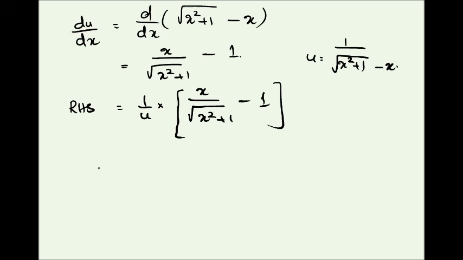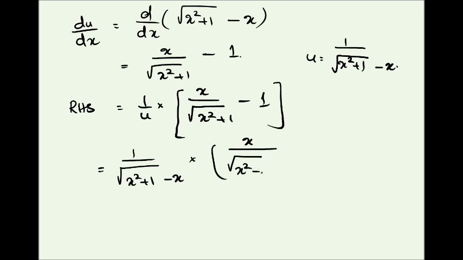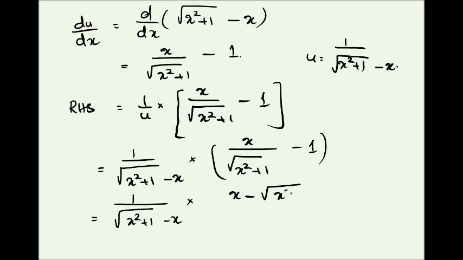So we get 1 by (√(x²+1) − x) into (x divided by √(x²+1) minus 1). Here we take the common denominator: (x − √(x²+1)) divided by √(x²+1).